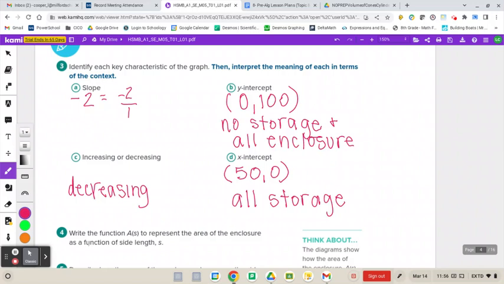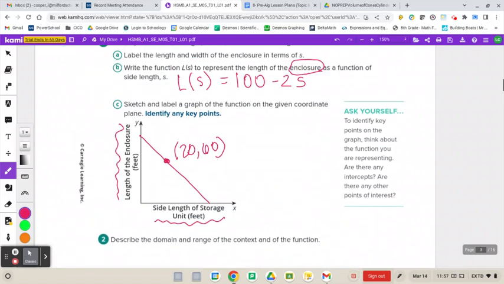The next thing it asks us to do in number 4 is to write a function to represent the area of the enclosure. So I'm going to go back up here.